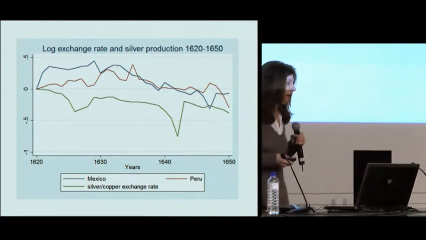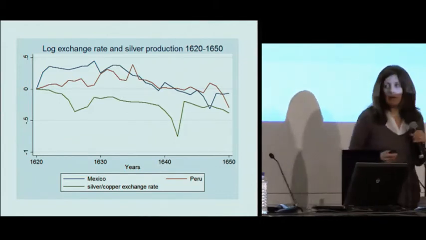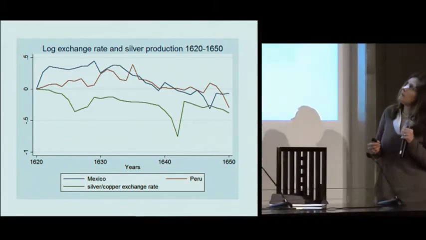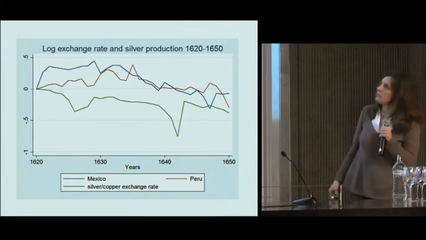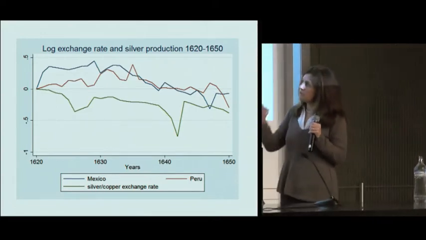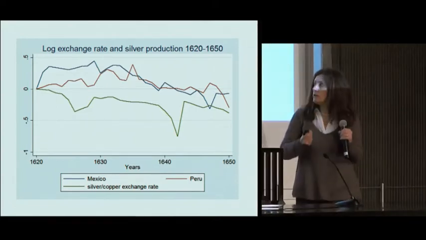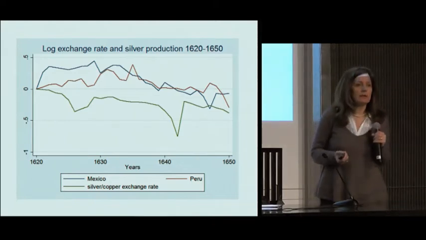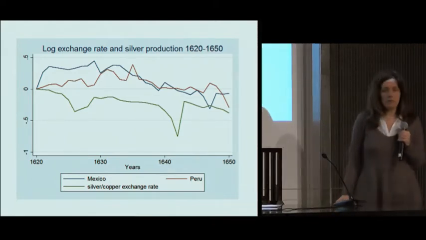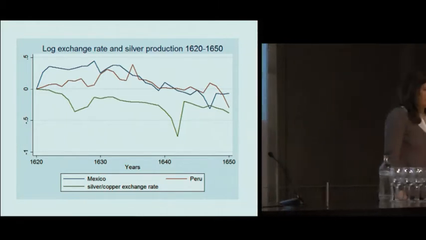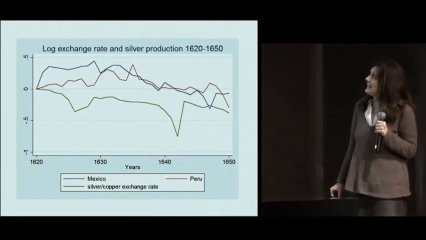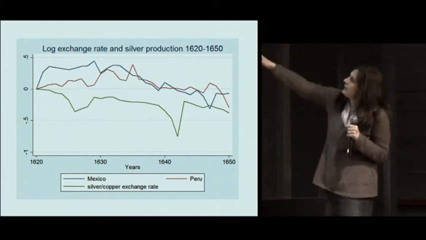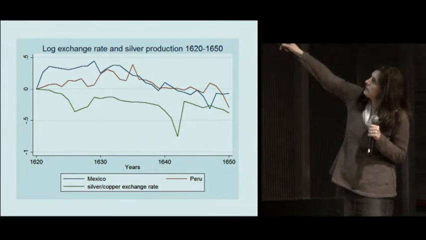So far, what I have done is I have taken the logarithms of the silver production in both areas, Peru and Mexico, and the logarithms of the silver to copper exchange rate in Castile. The logarithms reflect a growth rate, right? So we see that the tendency of the growth rate resembles... this is the Peruvian one.